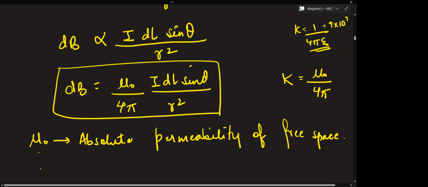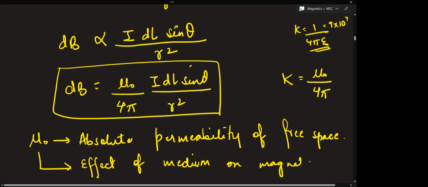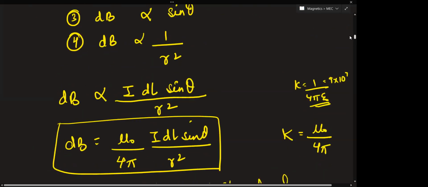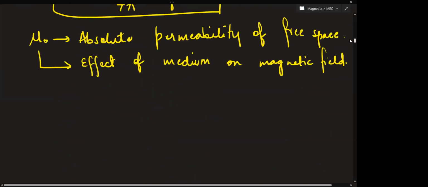Basically this shows the effect of a medium on magnetic field, whatever is the effect of a medium on the field. So Biot-Savart's law basically shows that your magnetic field is proportional to three things and inversely proportional to r square. This is Biot-Savart's law.